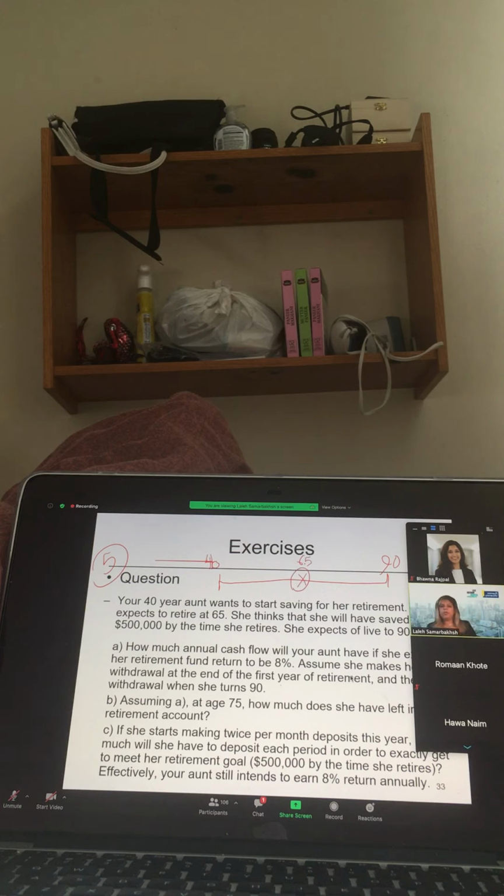So parts A, B, and C are all about her lifetime, like you see in this timeline. At 65, we call it retirement, and the retirement goal here is $500,000.